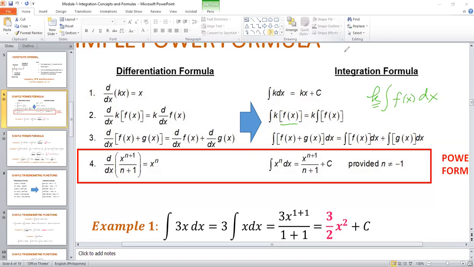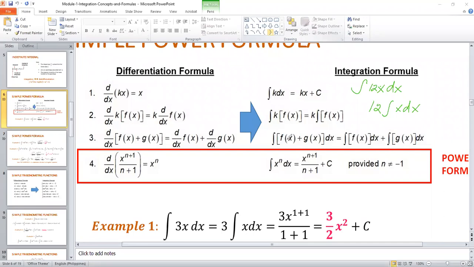So as an example, we can have, let's say, the integral of 12x dx. You can write this as 12 times the integral of x dx. You set aside the constant and you just process the integral of the expression having the variable. Now, the third one simply tells you that, just like what you do in differentiation, I'm concentrating here on integration, when you have several terms to be integrated, you integrate it piece by piece.